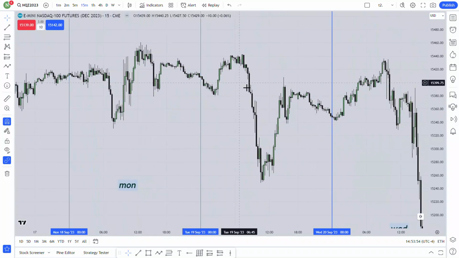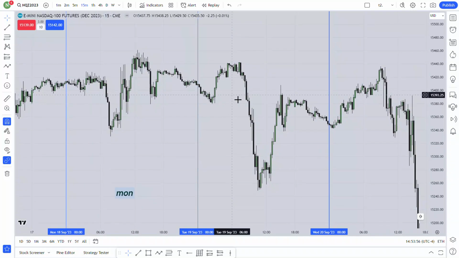Now, what does Tuesday do? Tuesday is the manipulation phase. That means it will manipulate the market. You will get some very clean liquidity from Monday, and before 9:30 you will clearly see some clear liquidity. If I mark here, if you just look, I look for equal lows and equal highs for my drawn liquidity.